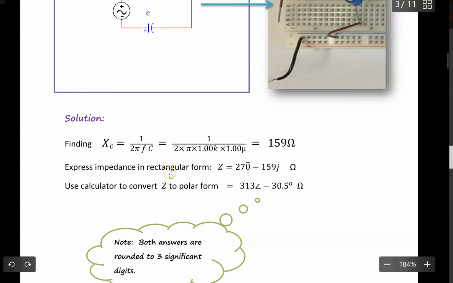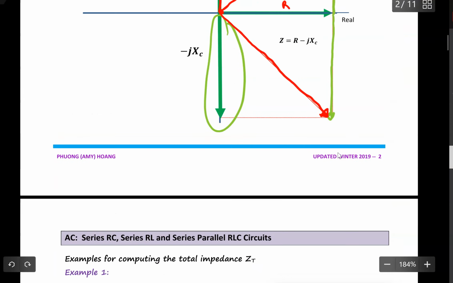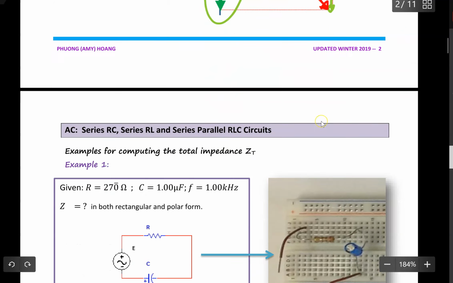Expressed in rectangular form, the impedance will be equal to the real part, which is the value for your resistor, equal to 270 minus 159J ohms. So why do we put a minus in this case? Because the capacitive reactance will take on the negative part of J. Alright, okay.